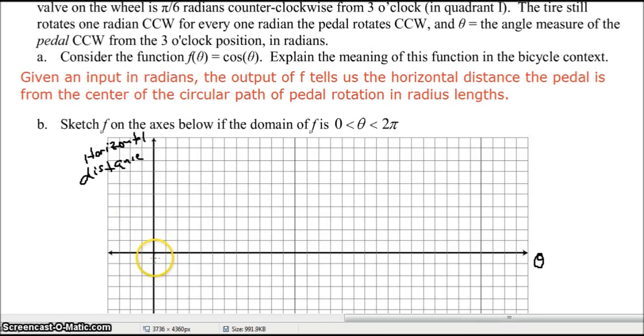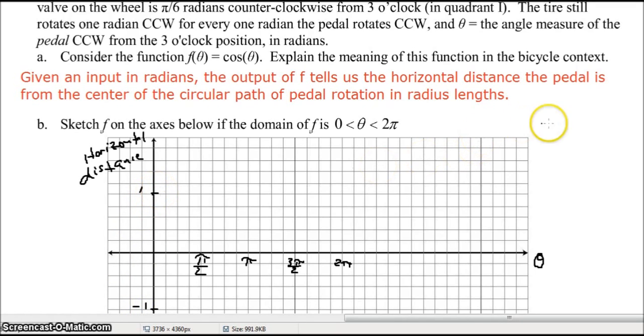Let's try to make this go pretty big. I'm going to go over 4 units and have pi over 2 be right here. 4 more, here's pi. 4 more, we'll get to 3 pi over 2. Then 4 more to 2 pi. Call this 1. Here's -1.